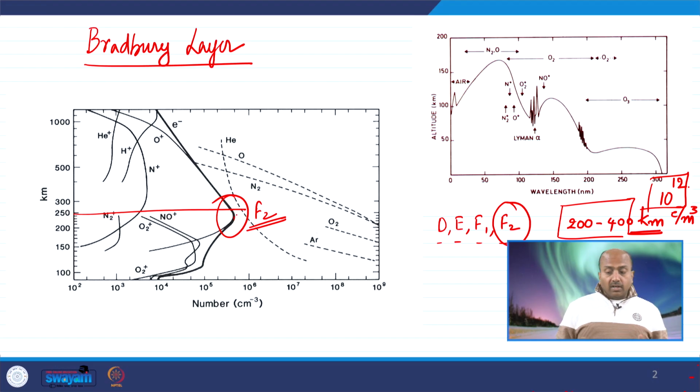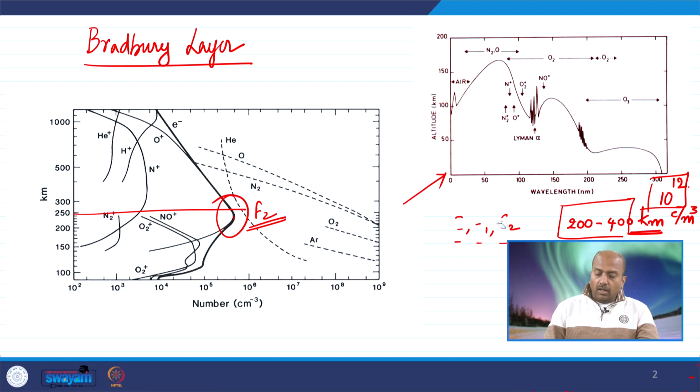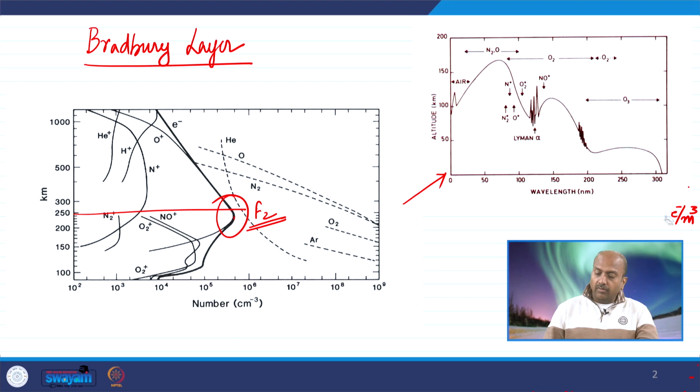But what is more interesting is when you look at the way electromagnetic radiation gets absorbed. If you see this figure, which we have seen earlier in our discussions many times, this figure shows the absorption heights of electromagnetic radiation incoming from the sun. Okay.